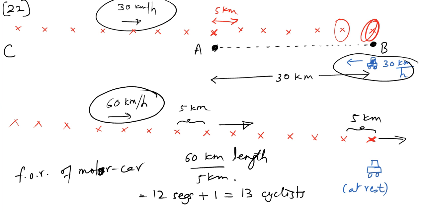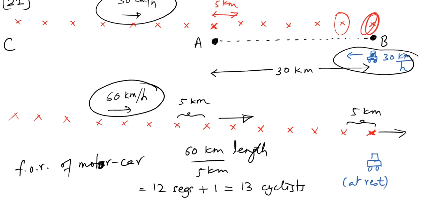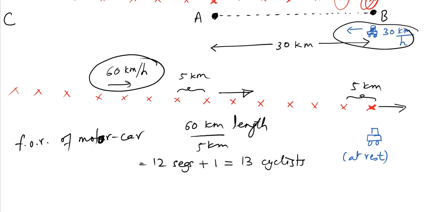So the driver of the car sees 13 cyclists, and naturally one cyclist is seen at t equal to 0, or what we have said at 5 p.m., and the last cyclist, the 13th cyclist, is seen at t equal to 1 hour, or what we have called 6 p.m. in our previous solution.